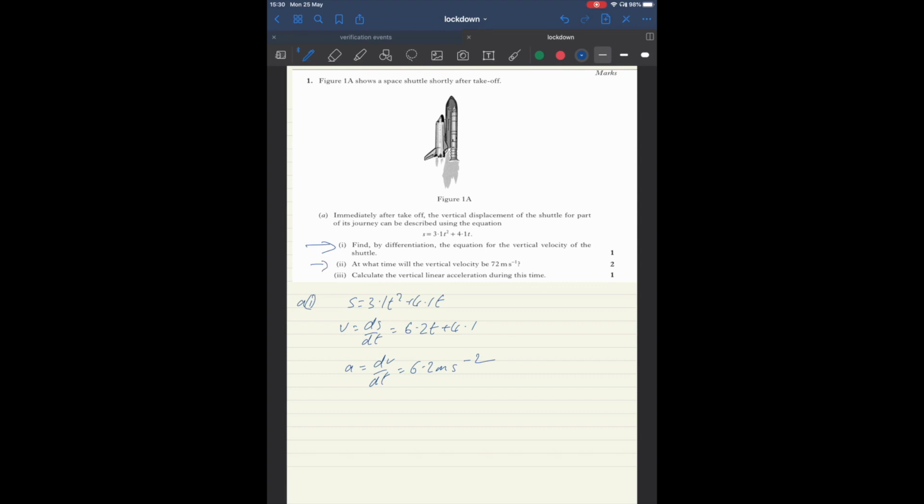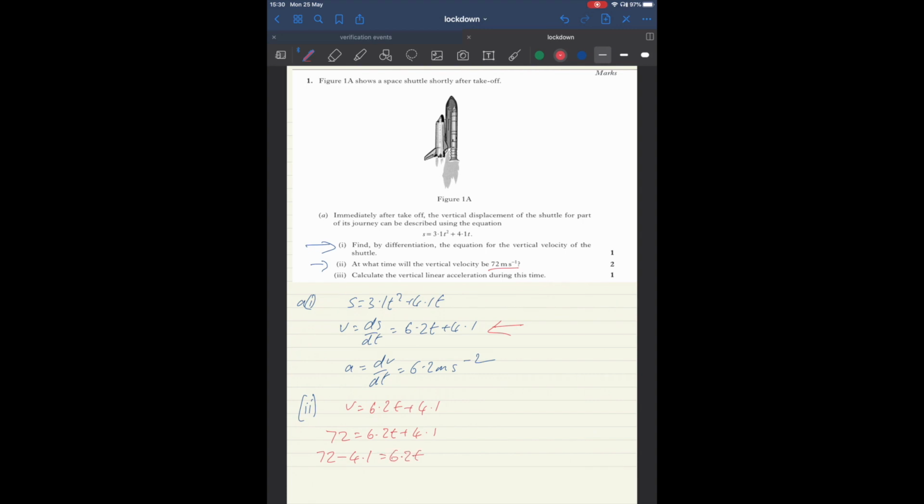At what time will the vertical velocity be 72 meters per second? What do you do here? I'm sure you can figure it out. Because you've got v equals 6.2t plus 4.1 for the velocity, and they're saying when it's 72, so 72 equals 6.2t plus 4.1. They never let you have easy numbers, it's always odd, strange numbers.